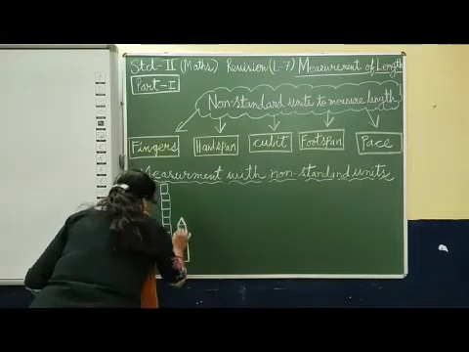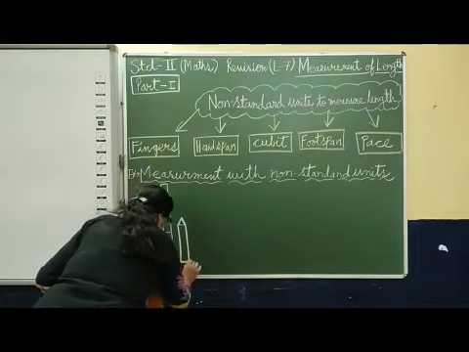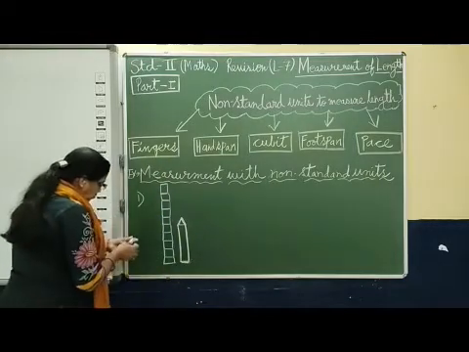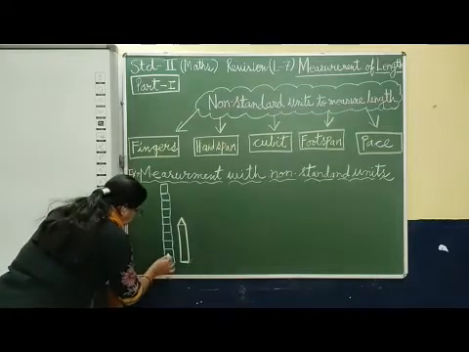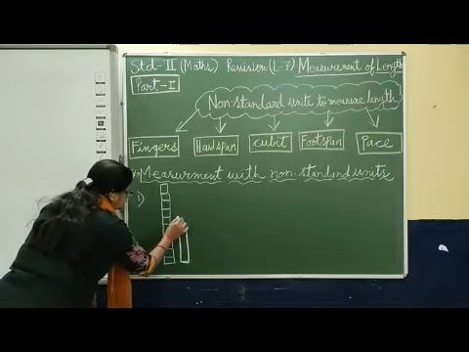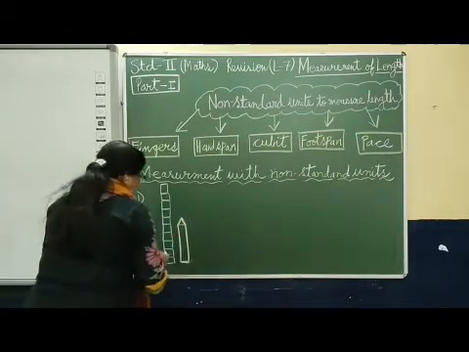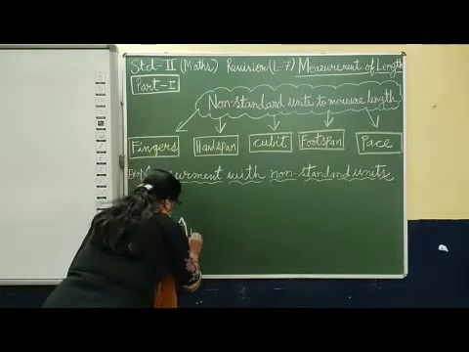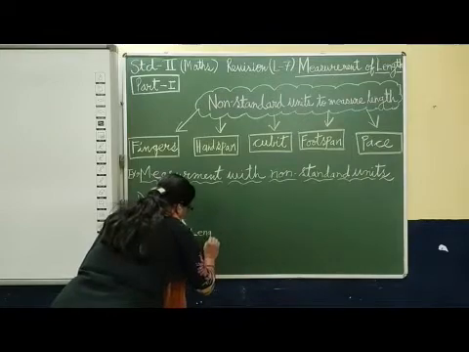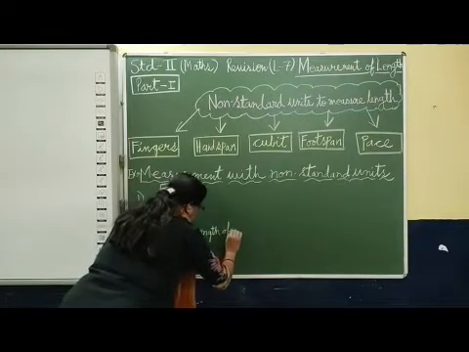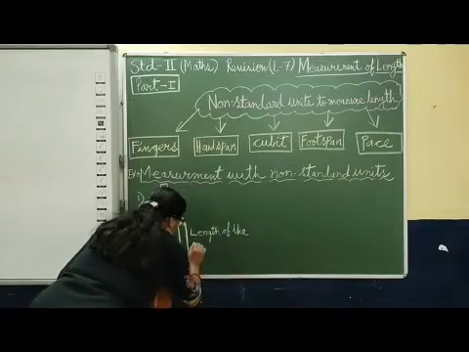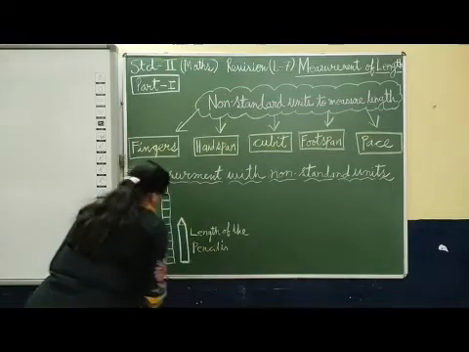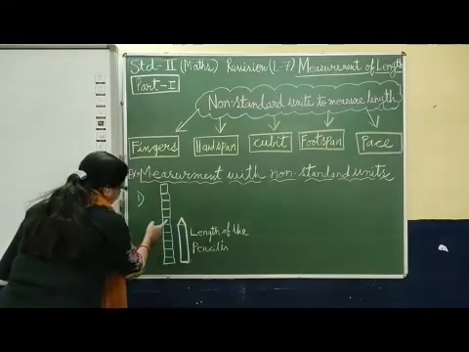Now, if anyone asks what is the length of the pencil, what will you say? Now we will count. 1, 2, 3, 4, 5, 6. See. So the length of the pencil is how many blocks? 1, 2, 3, 4, 5, 6.